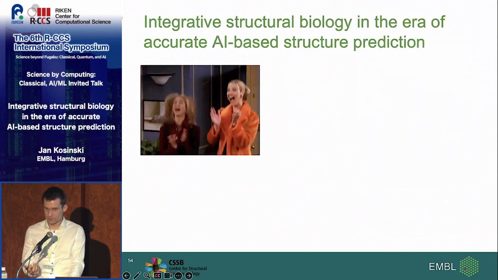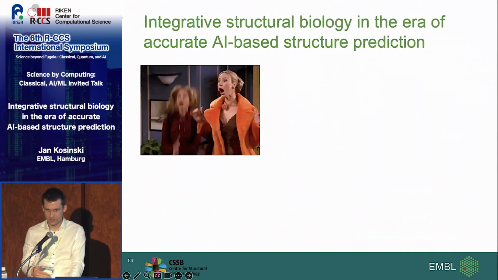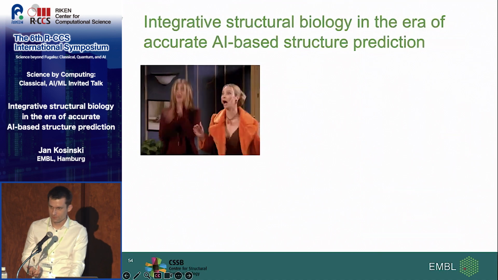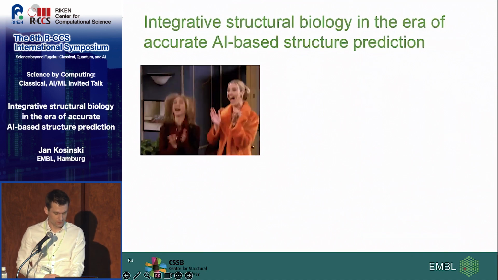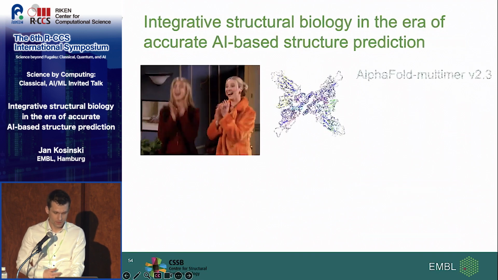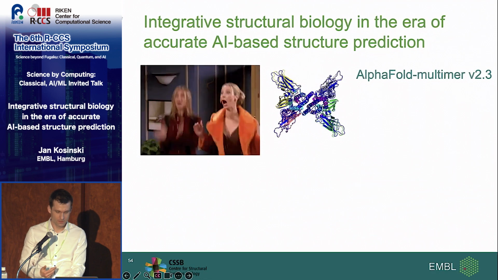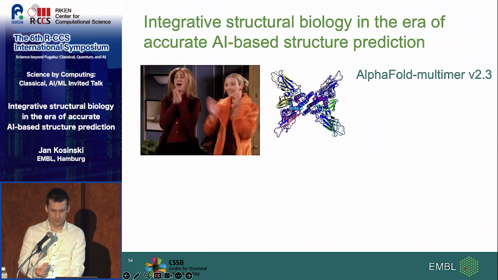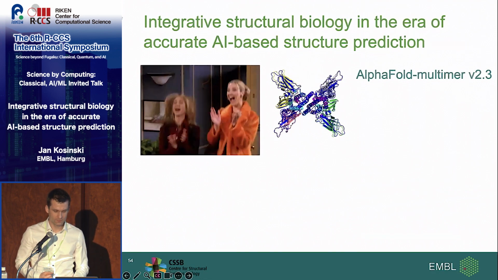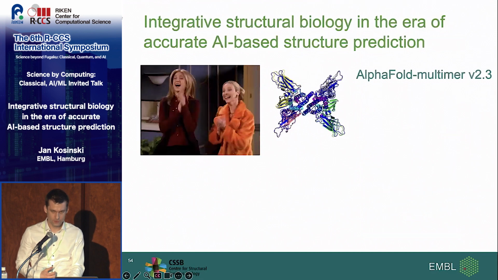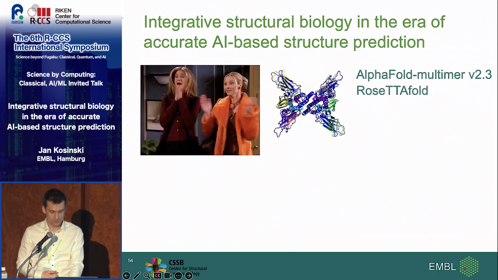But the revolution started. Now, if you talk among biologists, no one is surprised by AlphaFold anymore. It's already quite a time. And since then, first there was this hack, but in the meantime, DeepMind released a more designed and trained AlphaFold Multimer version, which is trained on complexes and is way better than what we had at the time.